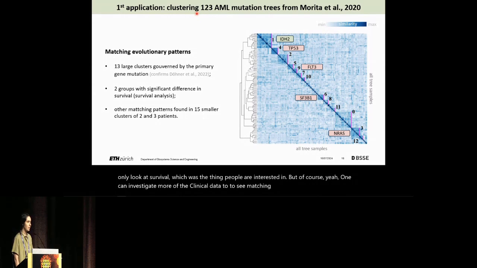And of course, this AML data set might not be the best one to show the value of the method. But in the literature, there are many other public tree cohorts that we can apply the method on, but we only included a few experiments in the paper also because of the lack of space.